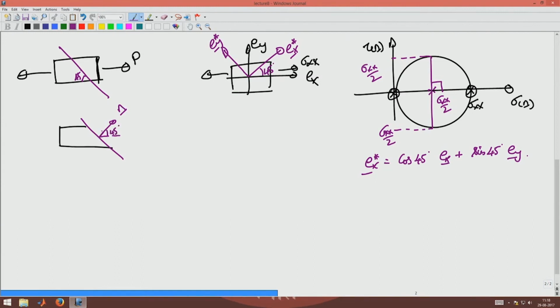Okay. So, basically you have force P acting like this, the component of these forces along the normal direction and parallel to the surface would be P by root 2, because this is 45 degrees. Okay.